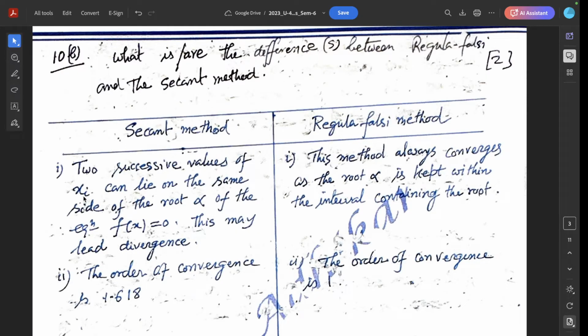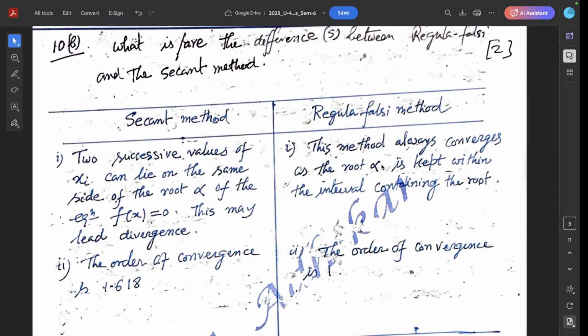This may lead to divergence of this method sometimes. And the regula falsi method always converges to the root alpha and is kept within the interval containing that root. So regula falsi is always convergent, but the secant method may diverge.